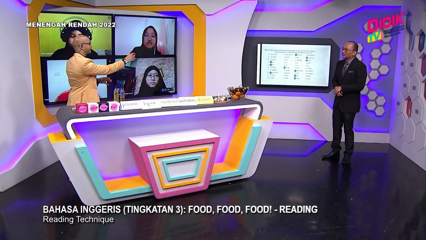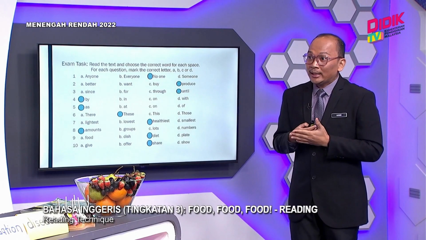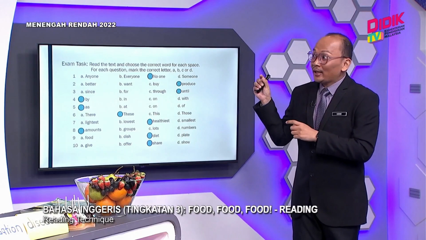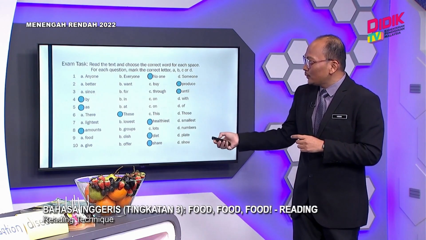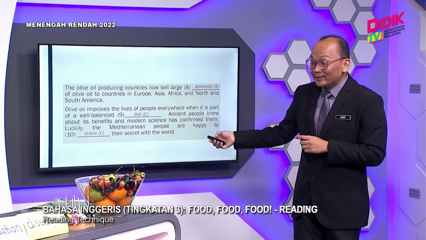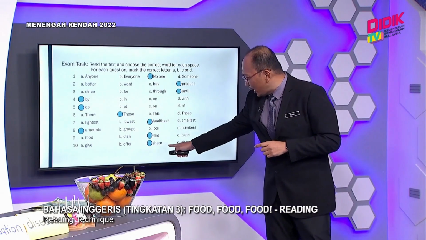Okay, and speaking about answers here, just in case anyone who's watching missed out, how do we actually get these answers? Is there a certain strategy to ensure that the answers that we choose are correct? Okay, thank you very much, Sean. So as part of the reading strategy earlier, make sure you can replace one of these words, for example, let's go to 10. Sometimes you can replace the option that you have here, like give, offer, share, show.